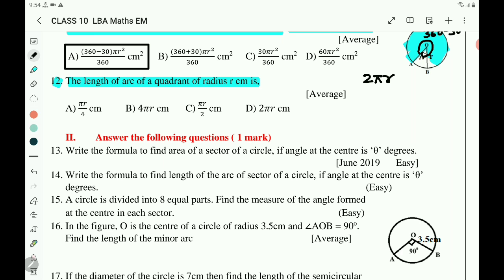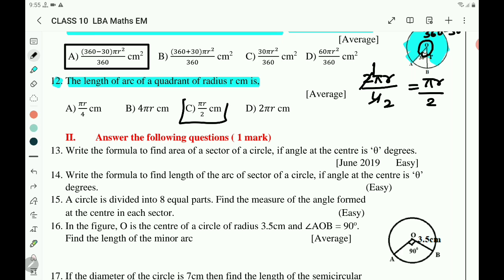Then quadrant means 1 by 4. So 2 pi r by 4. You can cancel: 2 ones are 2, 2 twos are 4. You will get pi r by 2.